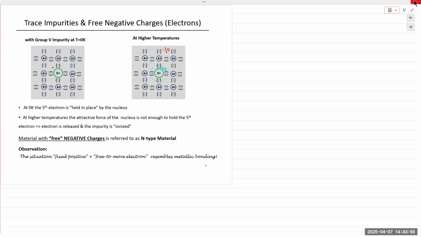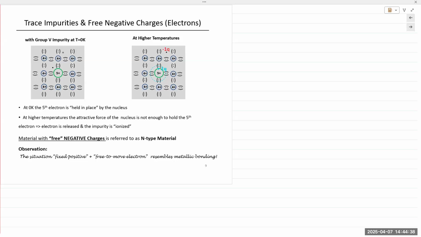Out of those 5 electrons, 4 of them will bond with 4 neighboring silicon atoms, like all silicon atoms do, and they form a stable bond, right? So 4 electrons are shared with 4 atoms and that leaves behind 1 extra electron. Now that electron is free to move around inside our silicon structure. And thus we have introduced an extra charge carrier at room temperature.